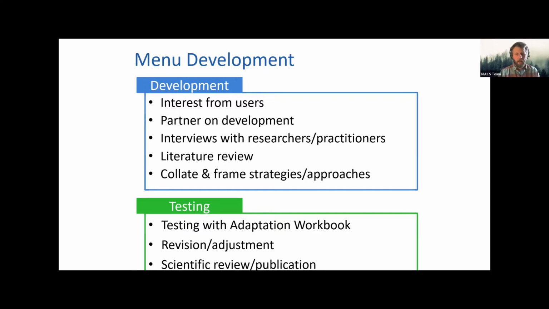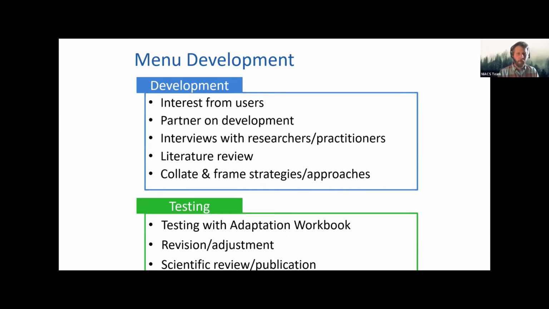People say, gosh, it would be really great if we had a menu for this thing, and that's really how the forest carbon management menu started as well. We worked with folks who were saying, we're interested in adaptation, but I'm really interested in thinking about carbon and how I can manage for carbon, and that isn't really made explicit in some of the existing menus.